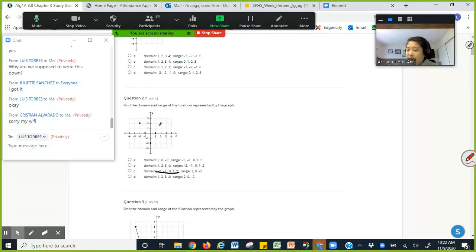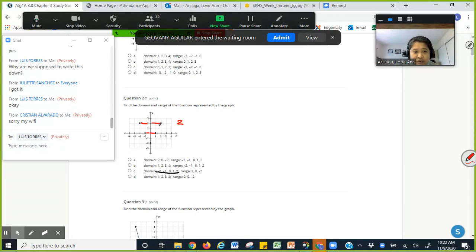And then for the range, you just look at the y value. So the y value for this point is +2. The y value for these 2 points is 0. And the y value for this point is -2. So where are they? Right here. So the correct answer to number 2 is C, right?